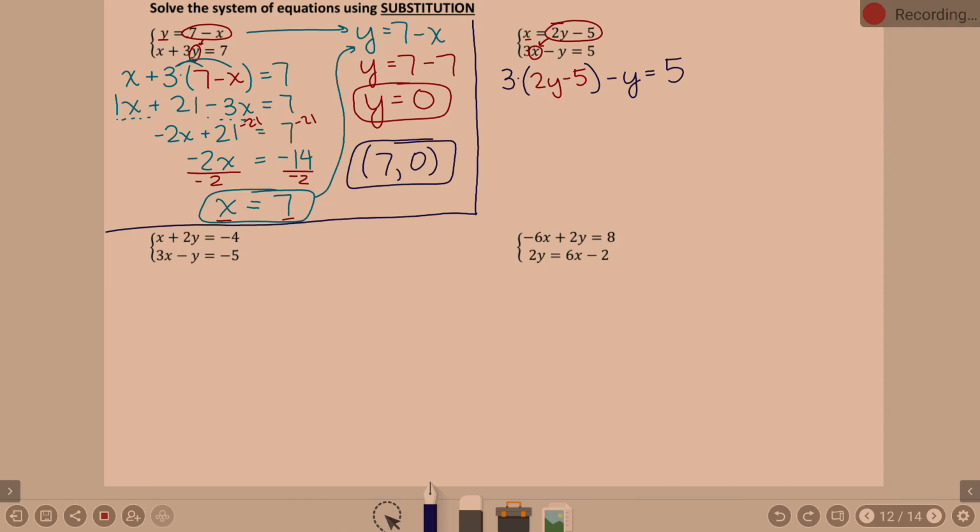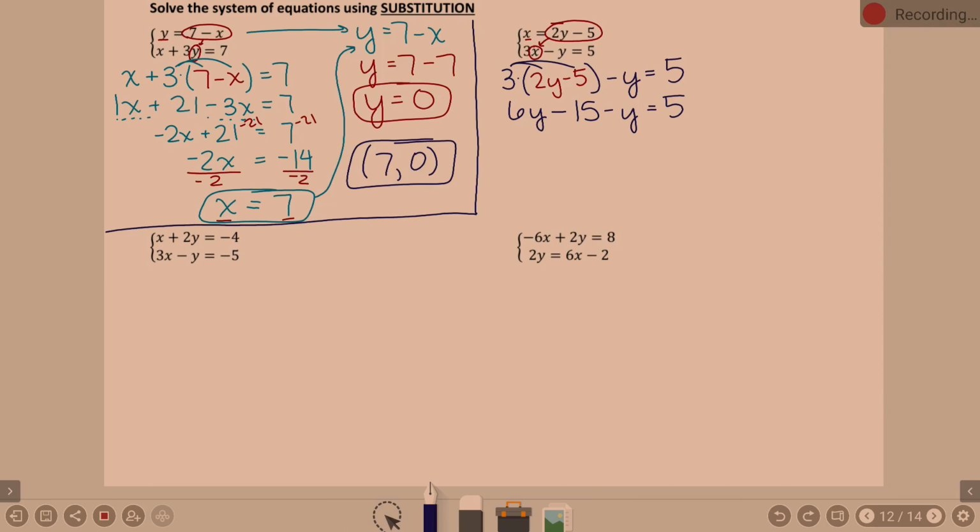Okay, do some solving. First, of course, we need to distribute. 3 times 2y is 6y. Minus 3 times 5 is 15. Minus y equals 5.